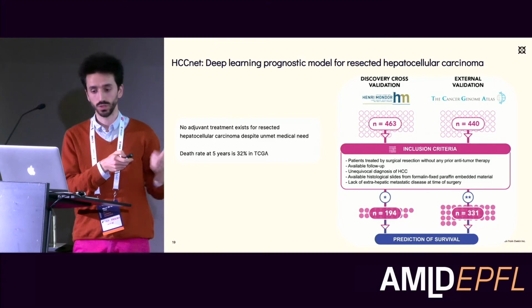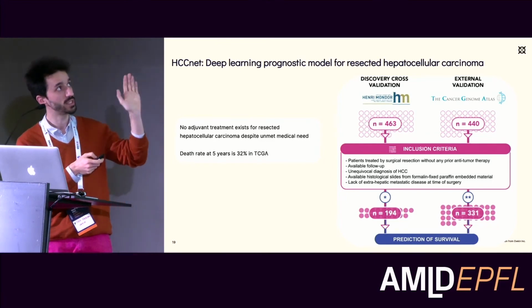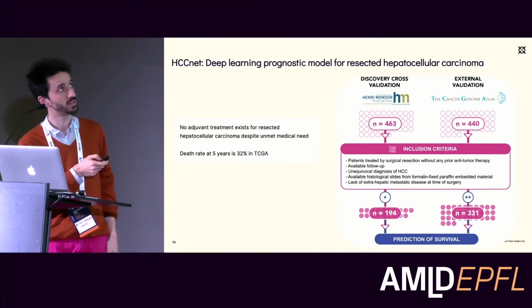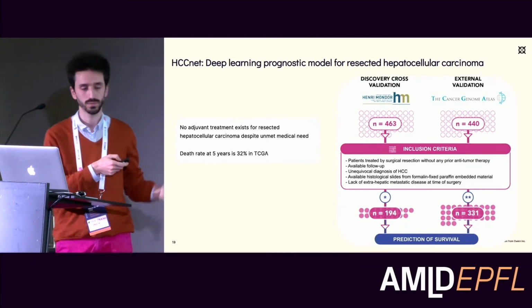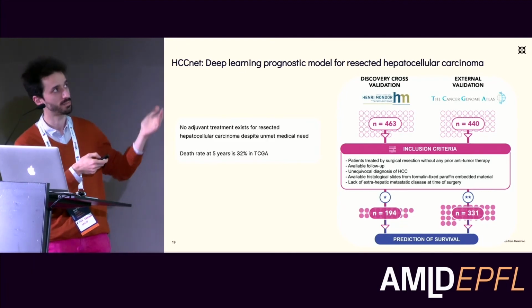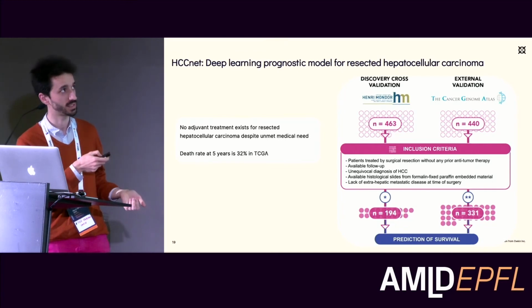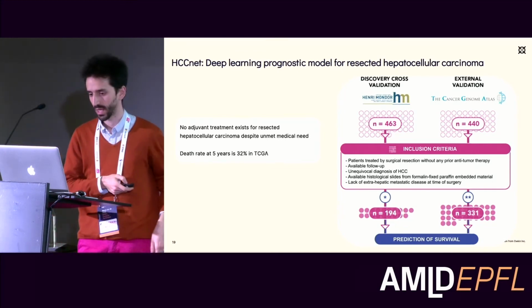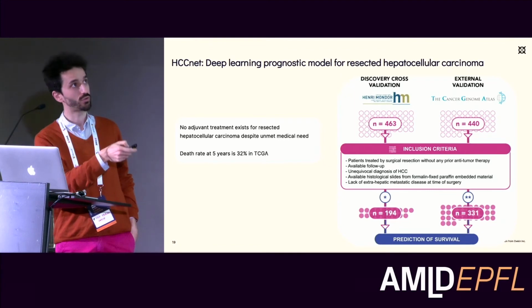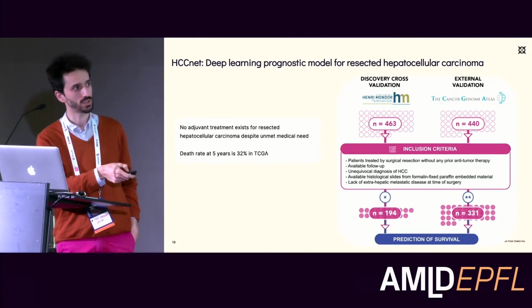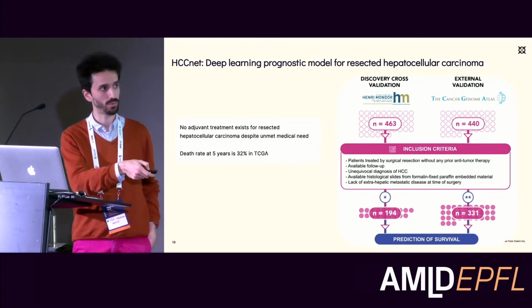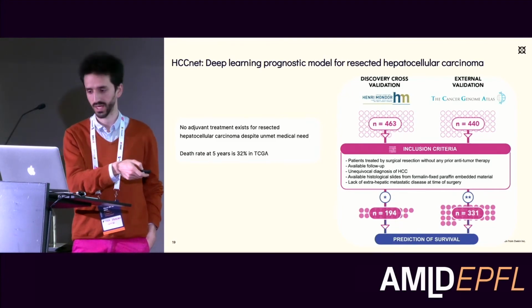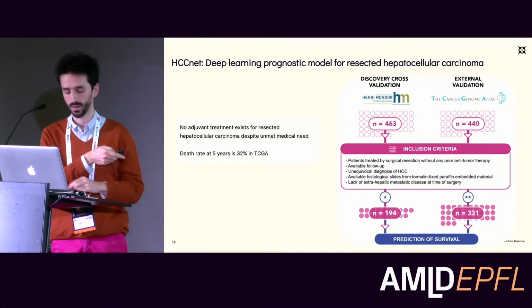There is currently no adjuvant treatment for resected hepatocellular carcinoma, and there's quite an unmet medical need, as the death rate at 5 years is 32%. We trained on 94 patients, and then we applied the model on 300 patients from the TCGA.